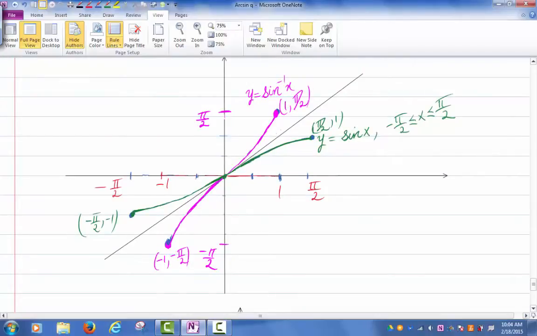And so again, in this picture, the green one is the sine function between negative pi over 2 and positive pi over 2, and then between negative 1 and 1 I drew the graph of the inverse sine function. Okay, and this time my scales are much better.